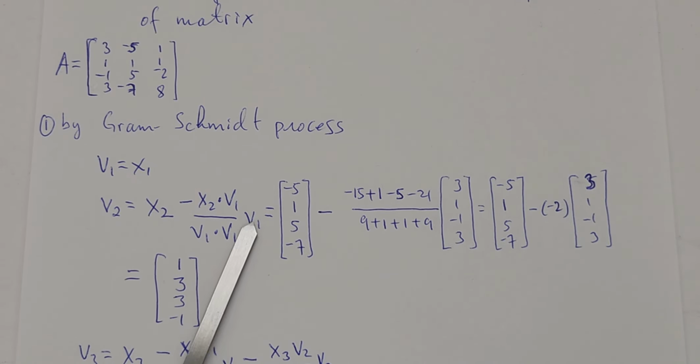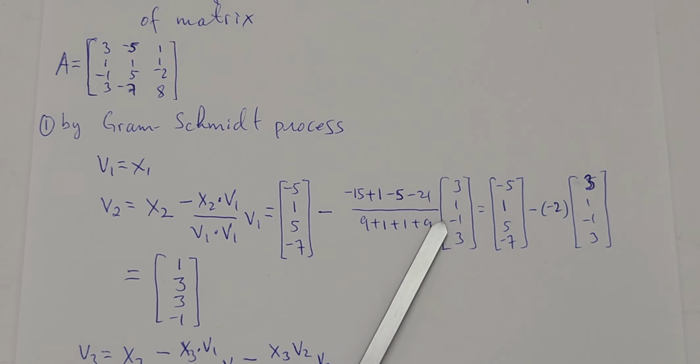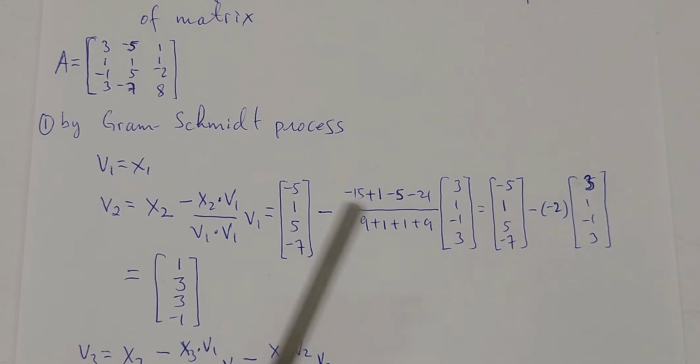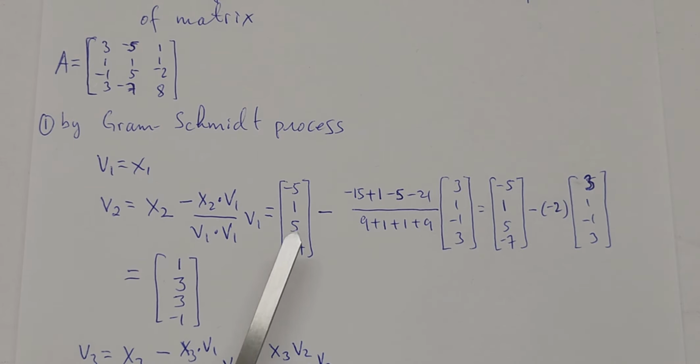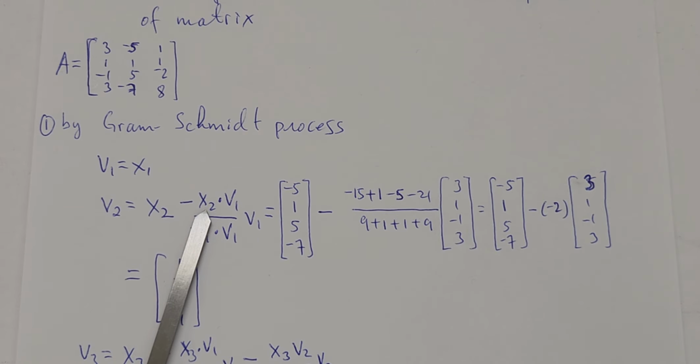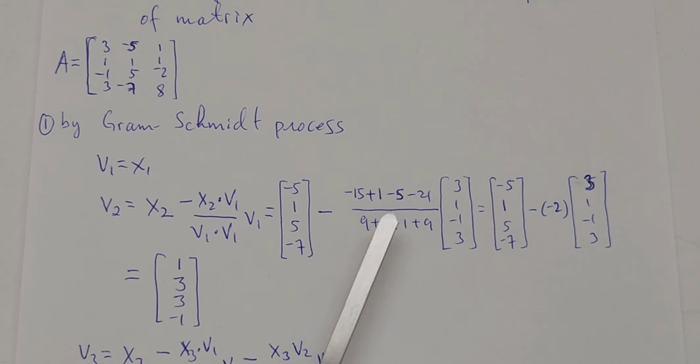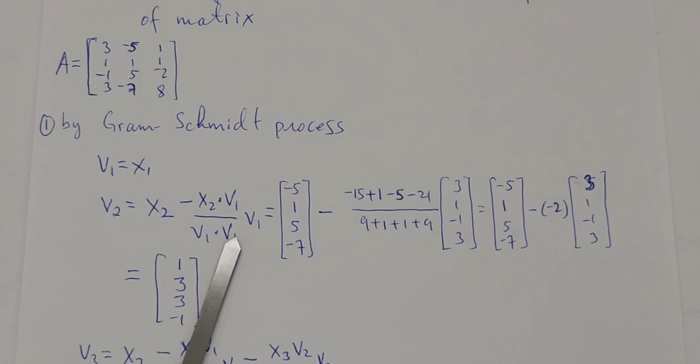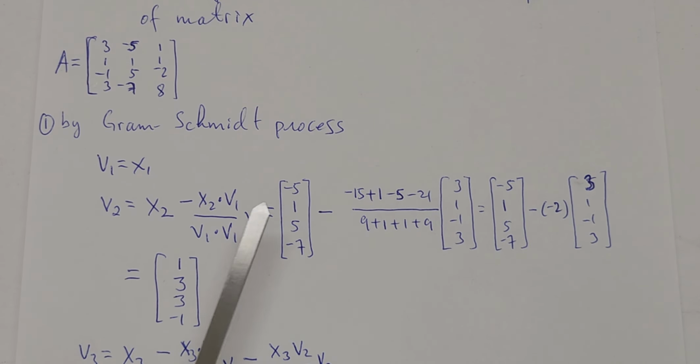This V1 right here is column 1 again. Okay, so column 2 minus X2, which is column 2 times column 1, which is for the top. The bottom, column 1 times column 1, which is for the bottom. And then this extra column 1, which is here. Now the rest is just calculations. So bring the column 2 over here.